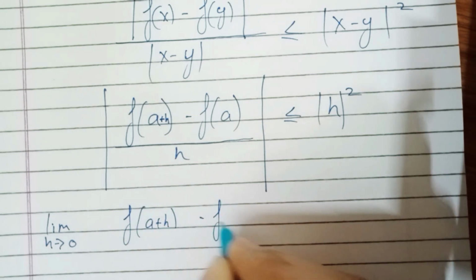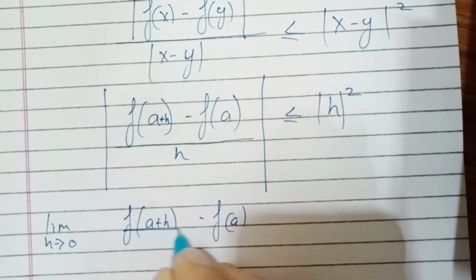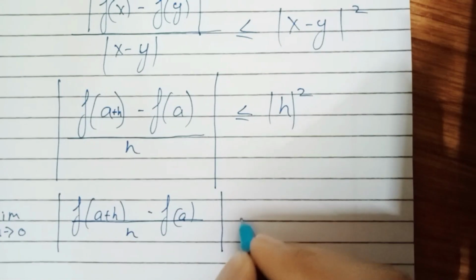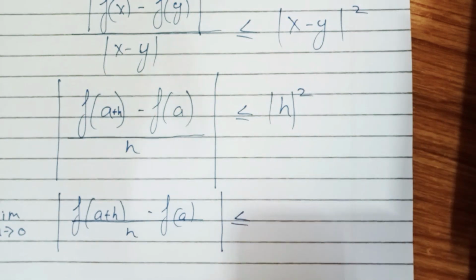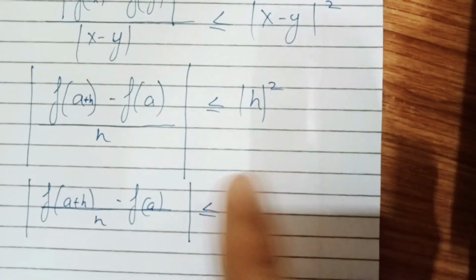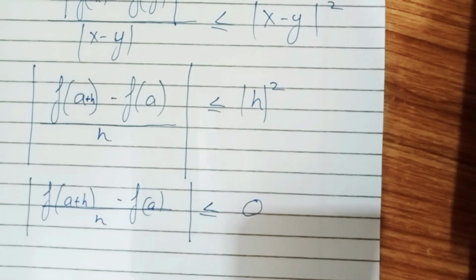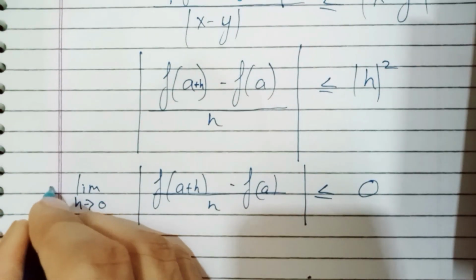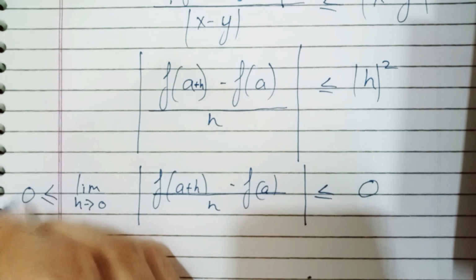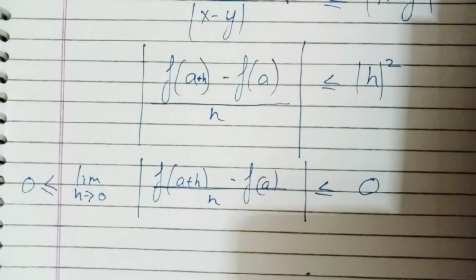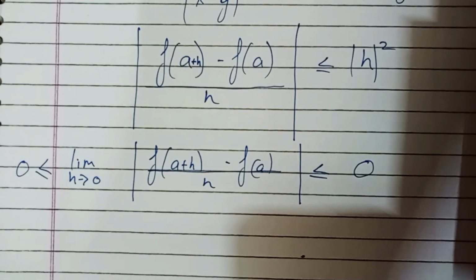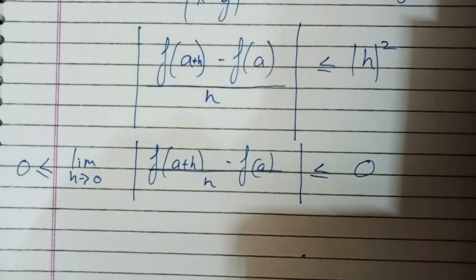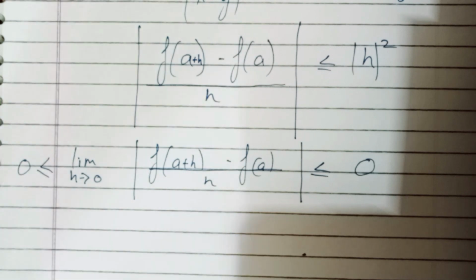And here it will be 0, and we also know since this is modulus, it has to be greater than or equal to 0. Now you see we've got this limit between 0 and 0, and you know how we got 0 here. If we take limit h tends to 0 of h squared, it would be 0. So this limit exists very easily and it is equal to 0.